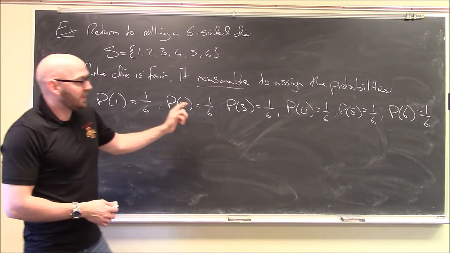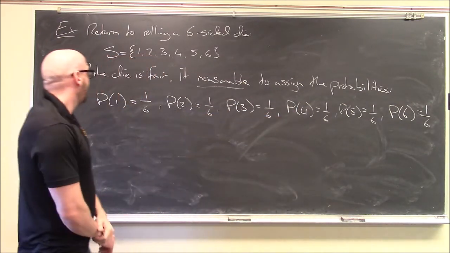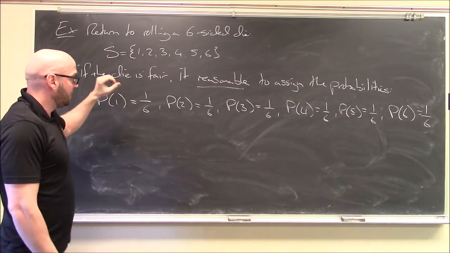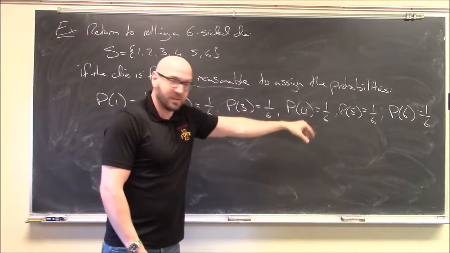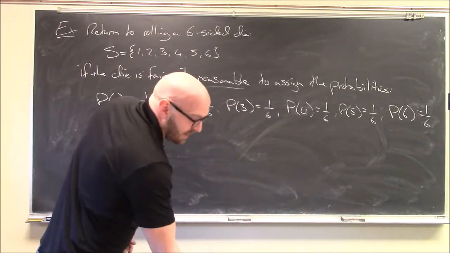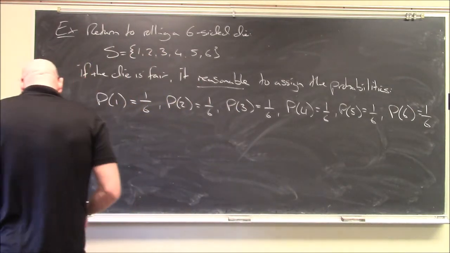Every single probability is between 0 and 1. And when I add the probabilities of every single possible simple event, 1/6 plus 1/6 plus 1/6 plus 1/6 plus 1/6 plus 1/6, that equals 1. Right? So they sum up to 1. So this is an acceptable probability function.